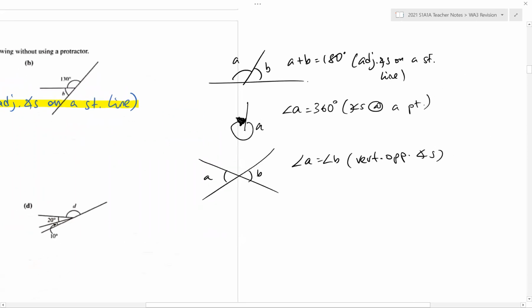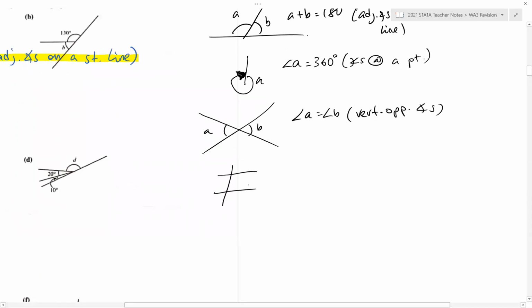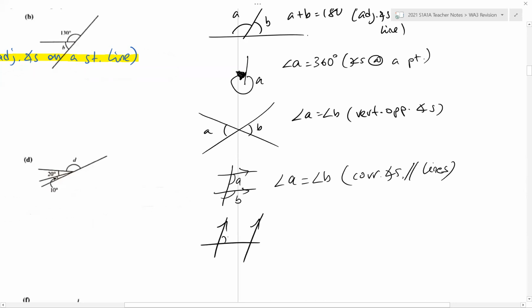We have A and B. Angle A equals to angle B. Corresponding angles, parallel lines. That's the letter F. Got the letter U. A and B. Angle A plus angle B gives us 180 degrees. Interior angles, parallel lines.